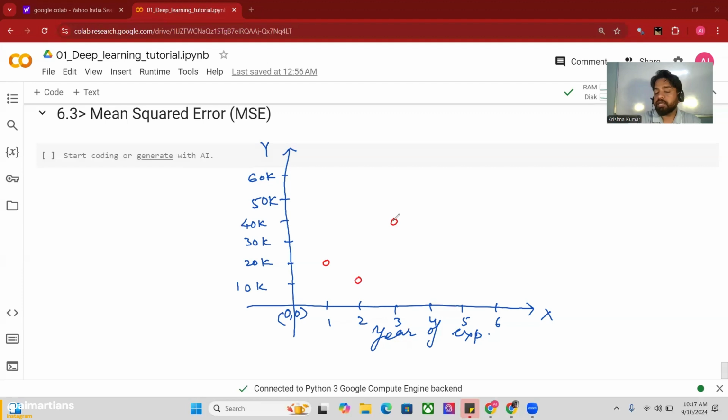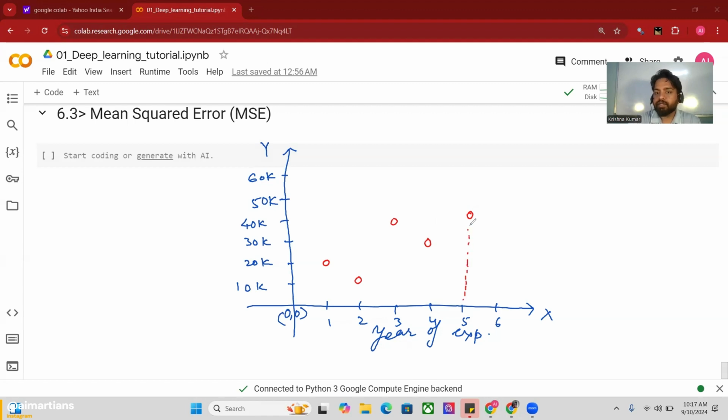Okay, the third person is asking for 40,000 kind of salary. The fourth person is asking for, let's say, 30,000 of salary. Now I have some sort of data, right? So let's say there is one more person having 5 years of experience. He's also asking for, let's say, 40K of salary. Okay, the 40K of salary he's also asking.